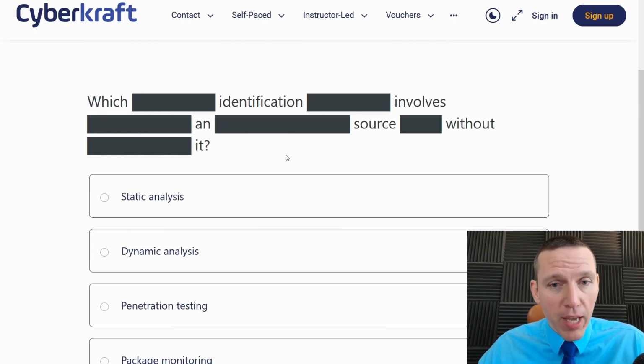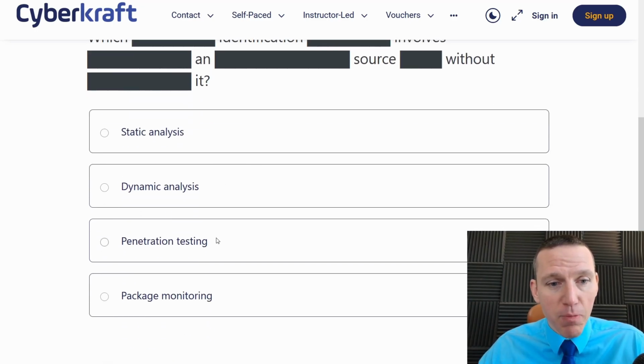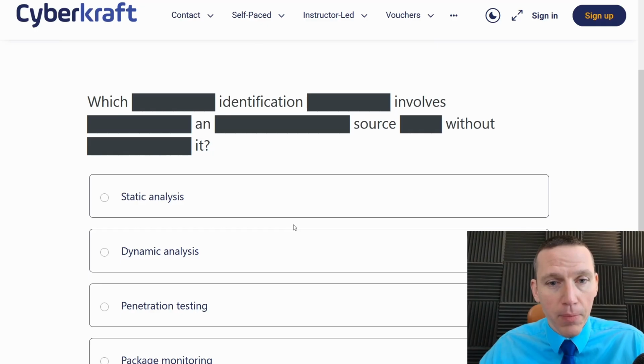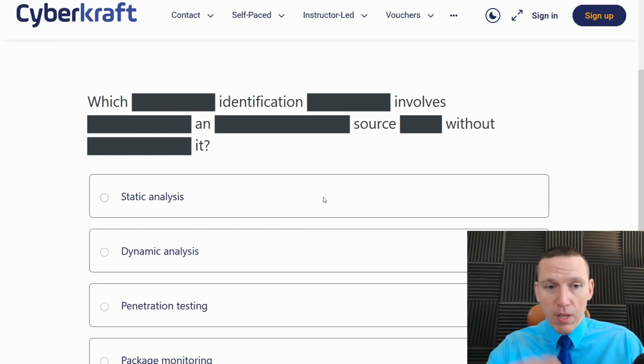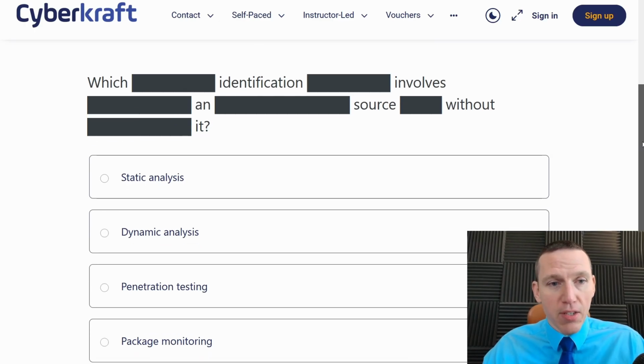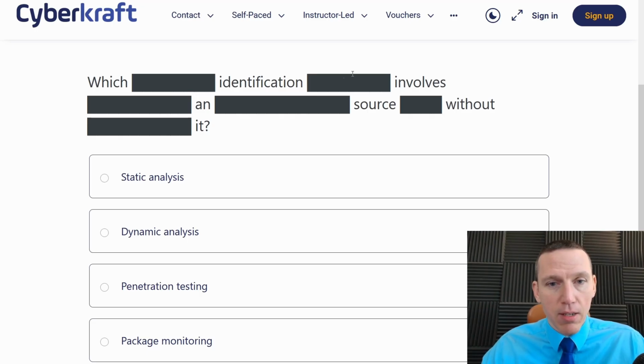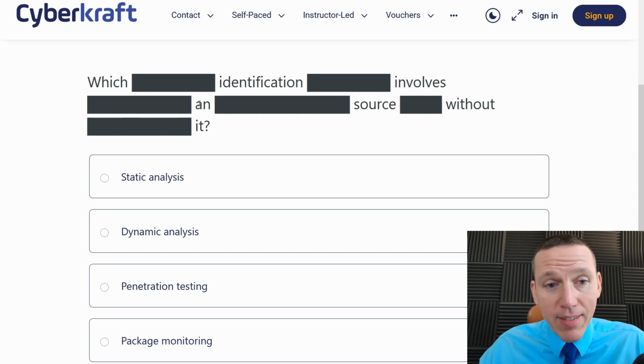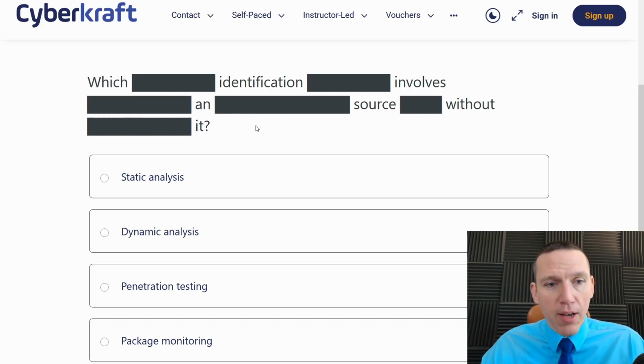Let's see what the possible answers are. Static analysis, dynamic analysis, penetration testing, and packet monitoring. Okay, so if we pick something like static analysis, that means like source code, right? So we're source code analysis, which something identification method involves something, and this is "and," so this has to start with a val, something source without something it.